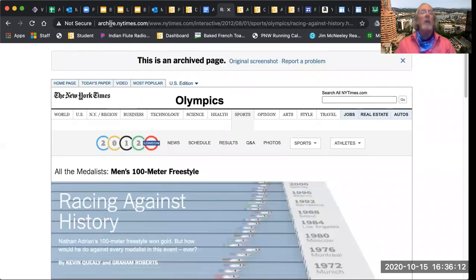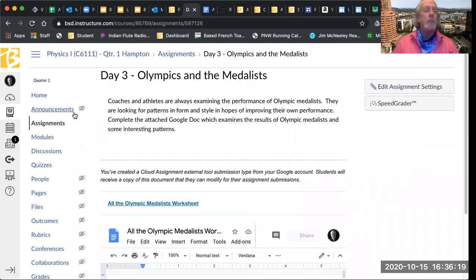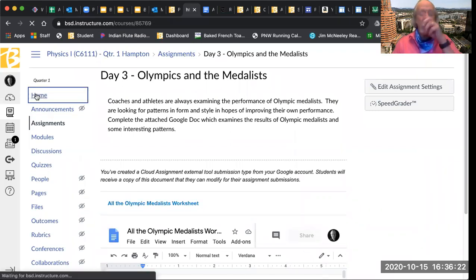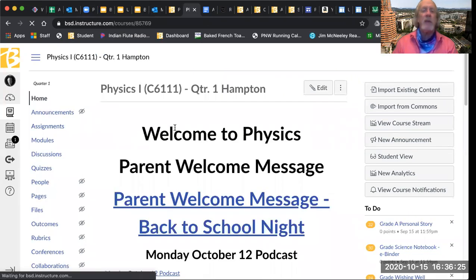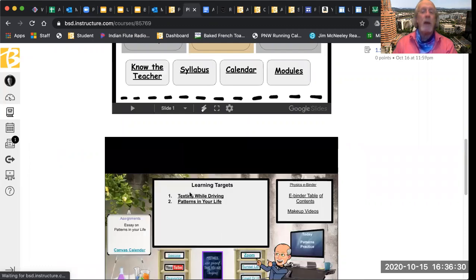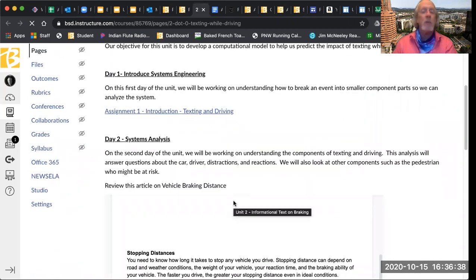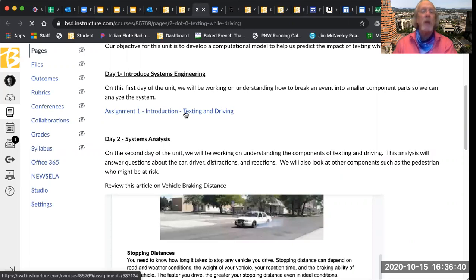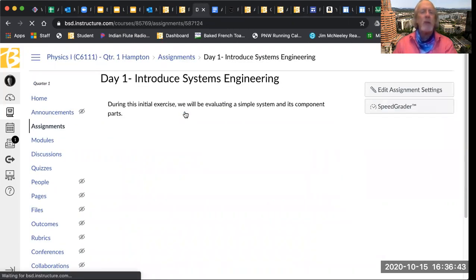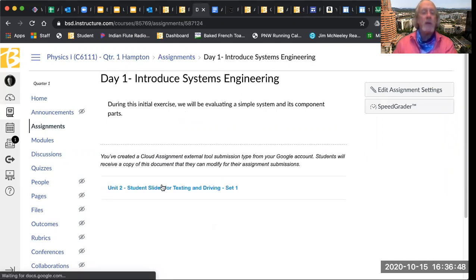The next thing we looked at was our texting and driving example. We spent some time doing work in breakout rooms as we moved into our system analysis. We started with the texting and driving that we were working on last time.